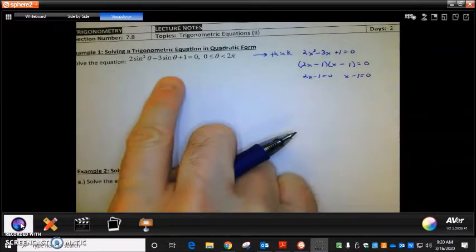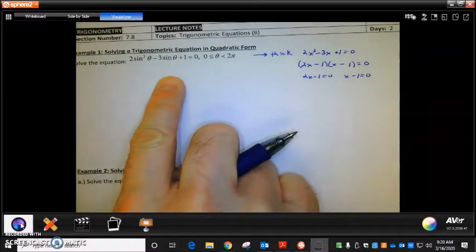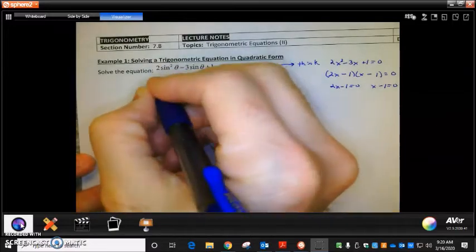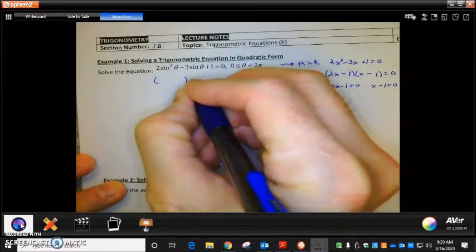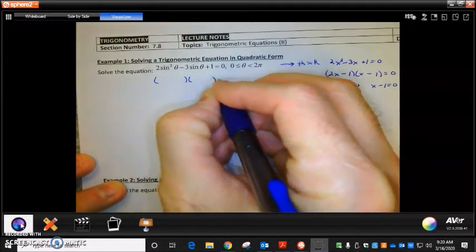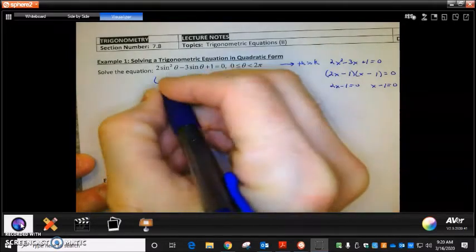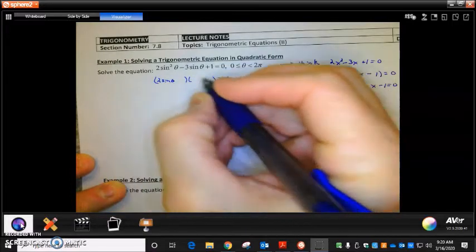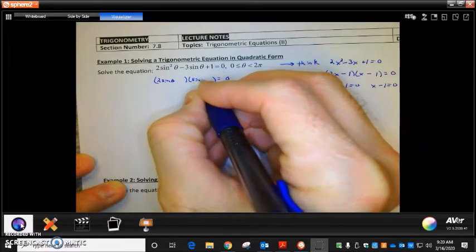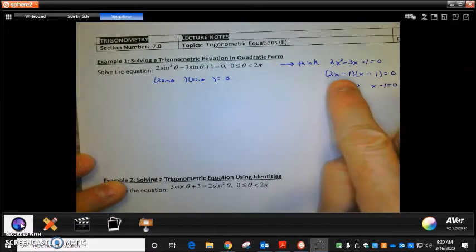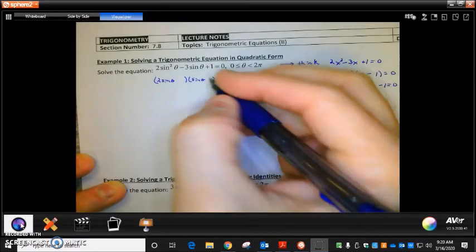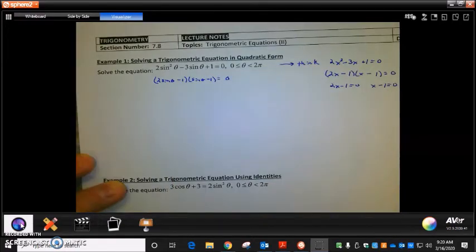Well, that's the exact same thing we're going to do over here with this quadratic. We are going to factor this into two sets of parentheses. We're going to have 2 sine theta, and then we're going to have sine theta, just like our 2x and our 1x. We're going to factor 1 into minus 1 and minus 1.